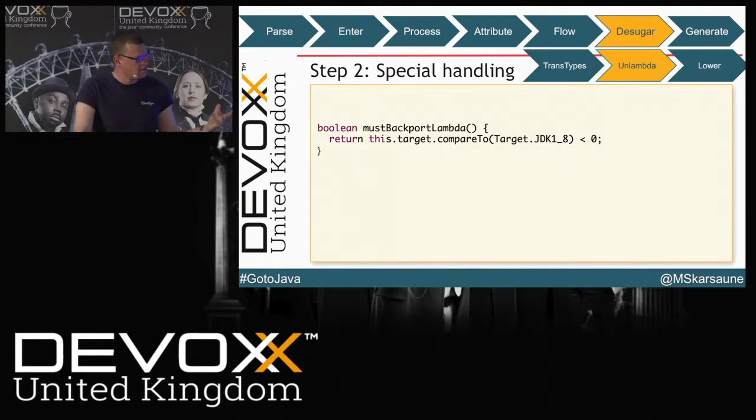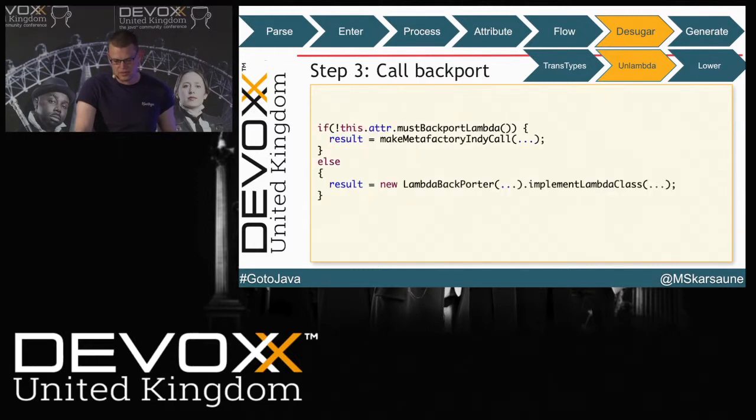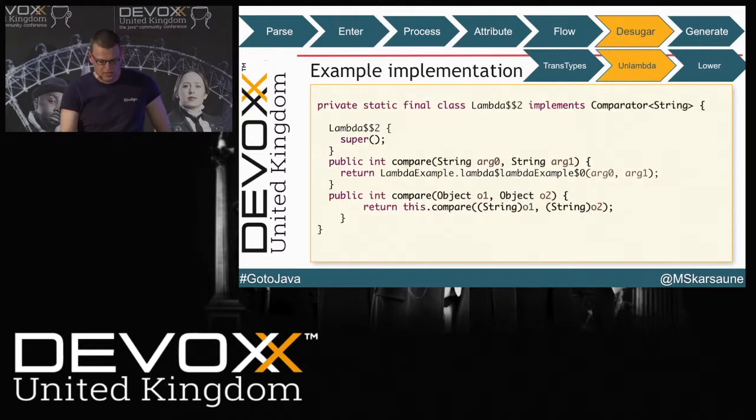So if it's earlier than 1.8, we'll do that. And in the place where this invoke dynamic call is inserted, instead I have a new helper class that implements it on the fly, and we get this class generated as part of the compilation cycle.